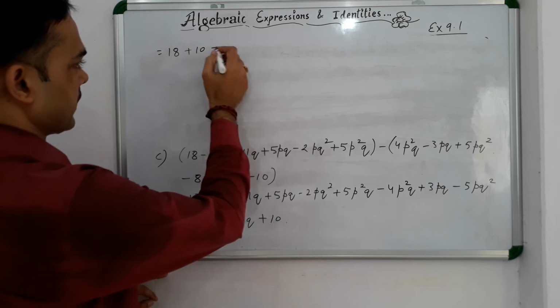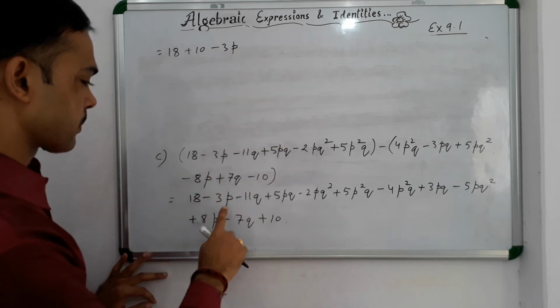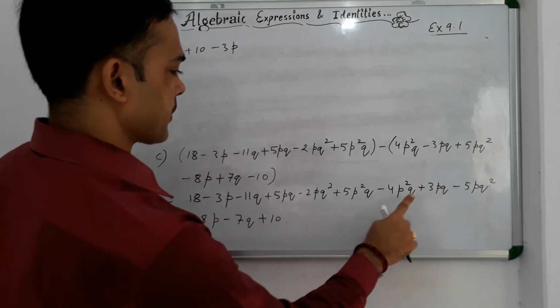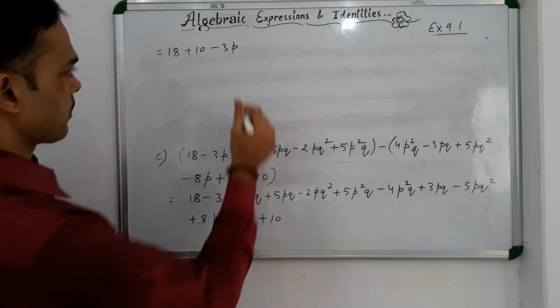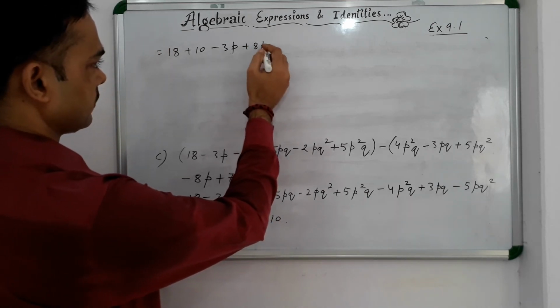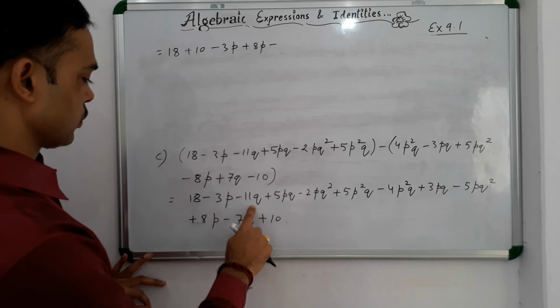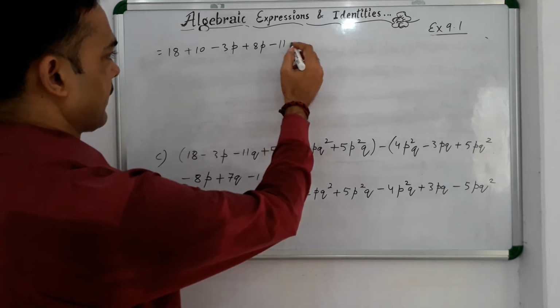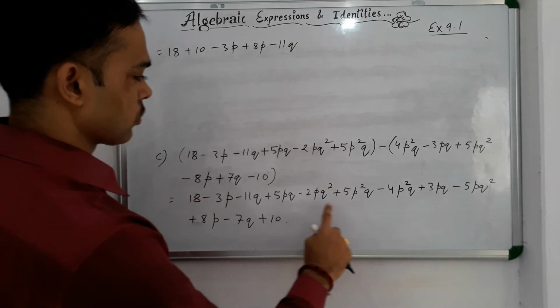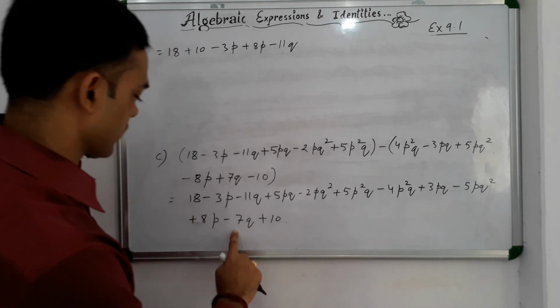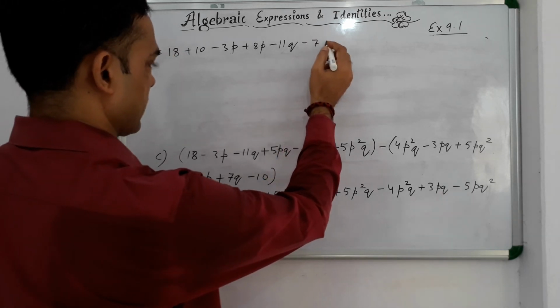Then minus 3p. Where is p? Now you can observe that p is over here, so plus 8p. Then we have q, so minus 11q. Where do we find q after this? So q is over here, minus 7q.